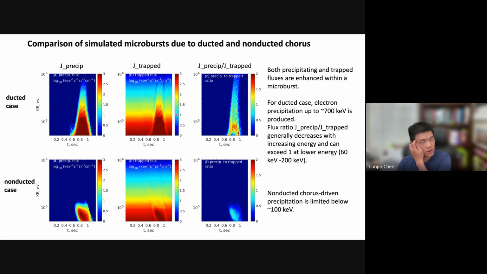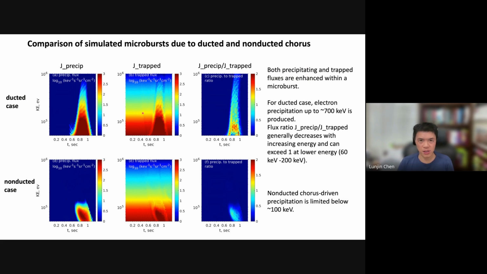So you can do the comparison first. First of all, I want to point out a few things. One is that when you have chorus in the magnetosphere, and you have a detector at the near-Earth location, you start to see enhancement of both trapped flux and precipitation flux. So if you have a detector at the low-altitude location, the enhancement of flux may be a mixture of the trapped and precipitation flux.